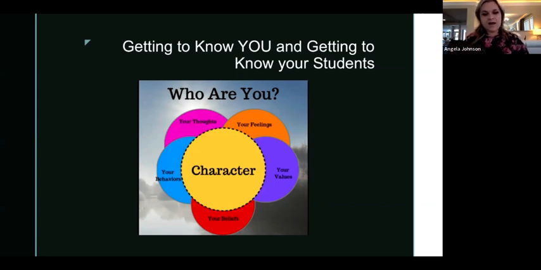And then I want you to be thinking about getting to know your students. Who are they? Sometimes you get a group of students, maybe you have 10 students, maybe you have 20, maybe you have 30, a full class of students. How do you get to know all of them? How do you serve all of them? How do you assess all of them?